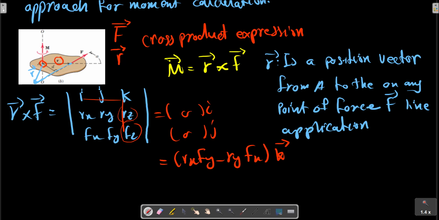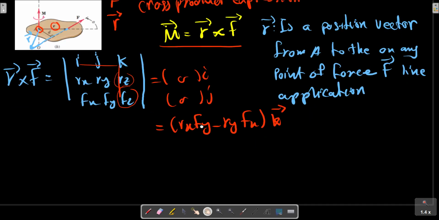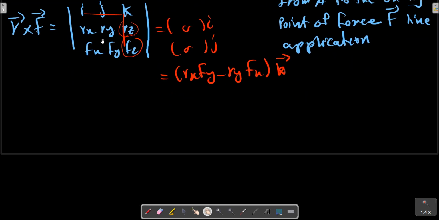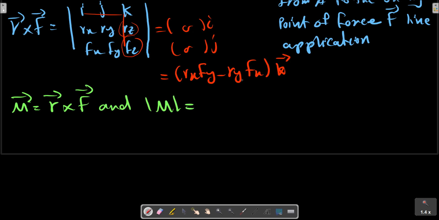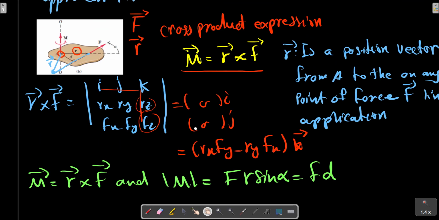The magnitude of this expression, the magnitude of M equals R F, and the magnitude of M equals F R sine alpha, which is F d from this picture.